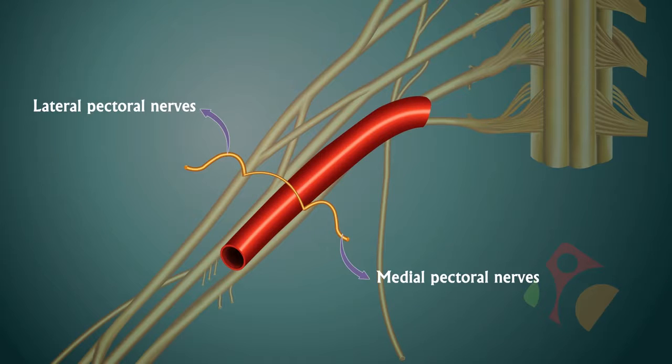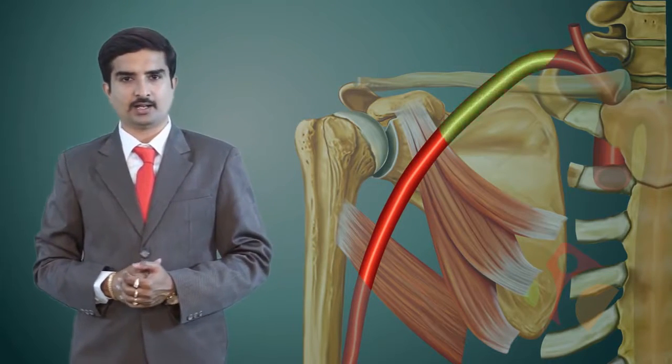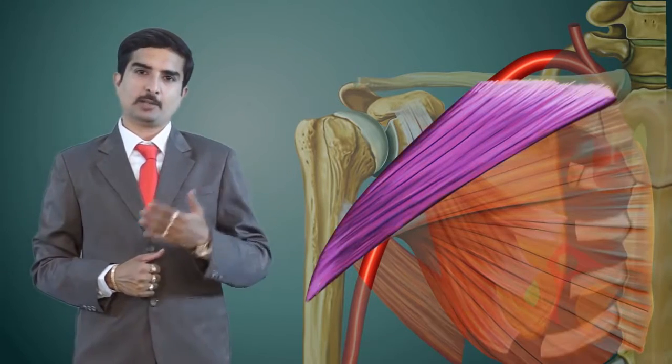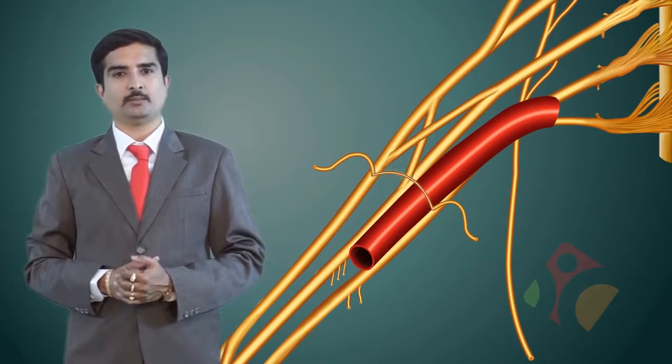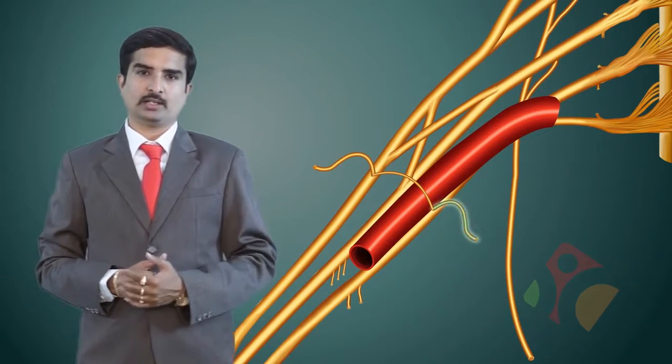So what are the anterior relations here? The clavicular part of the pectoralis major muscle and the nerve loop communicating between the medial pectoral and the lateral pectoral nerves.